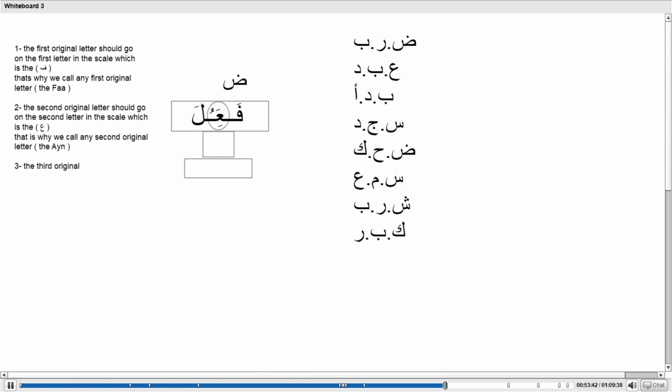Okay? The third original letter should go on the third letter in the scale, which is the lam.